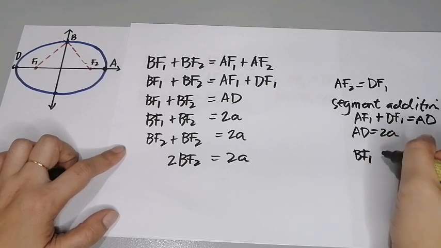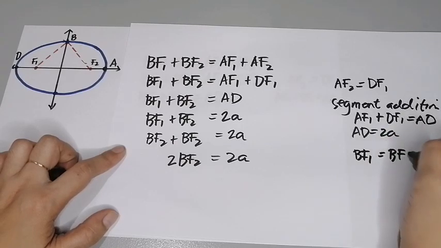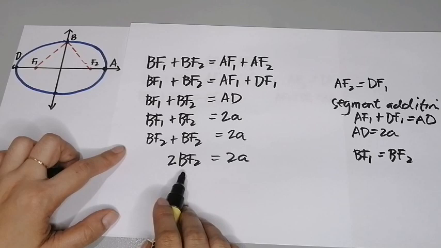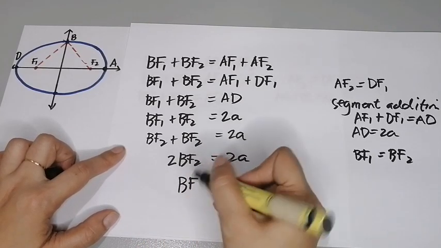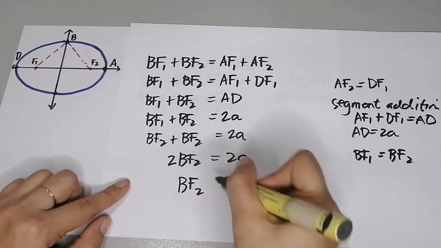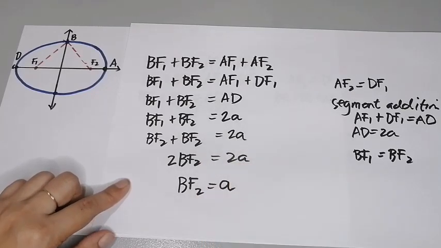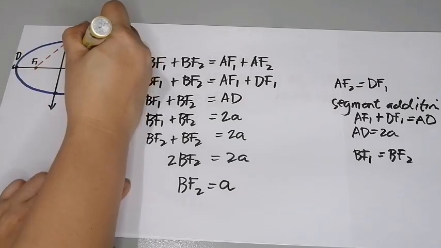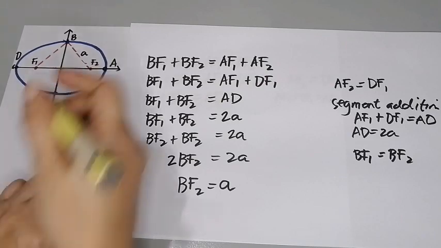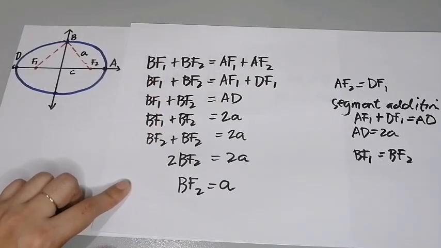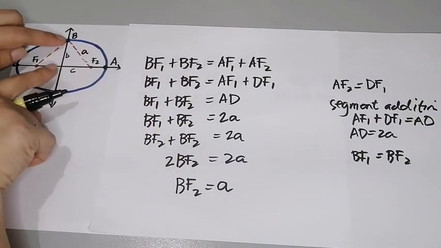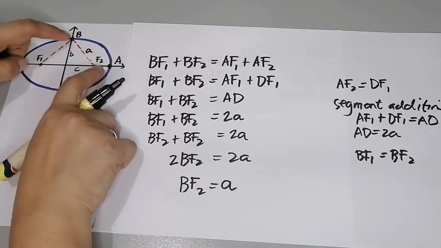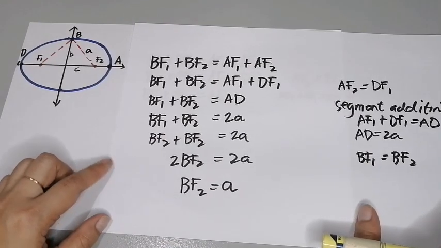We can now simplify. Divide everything by 2. Therefore, the length of line segment BF sub 2 is equal to A. This is C, this is B, and this is A.